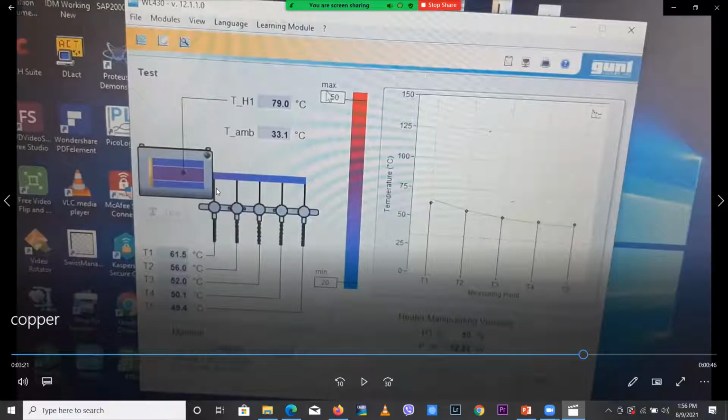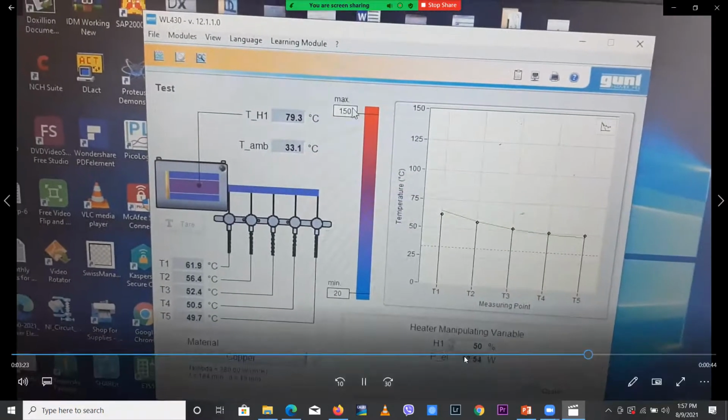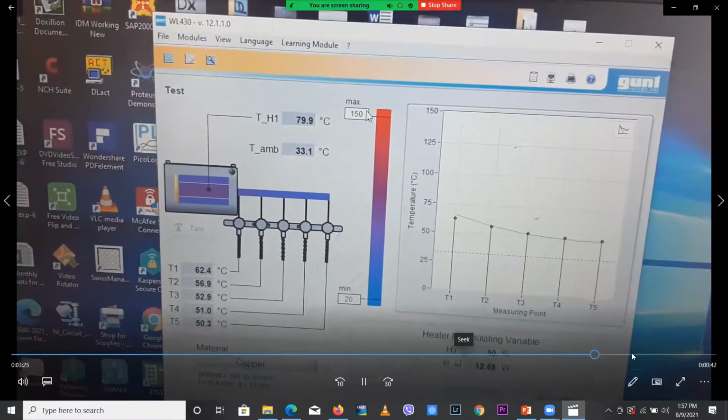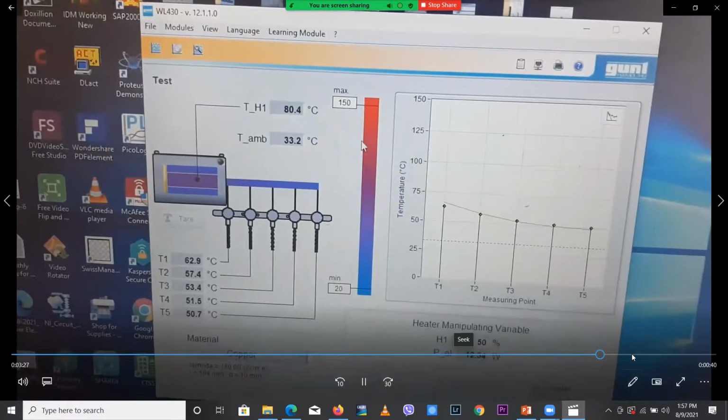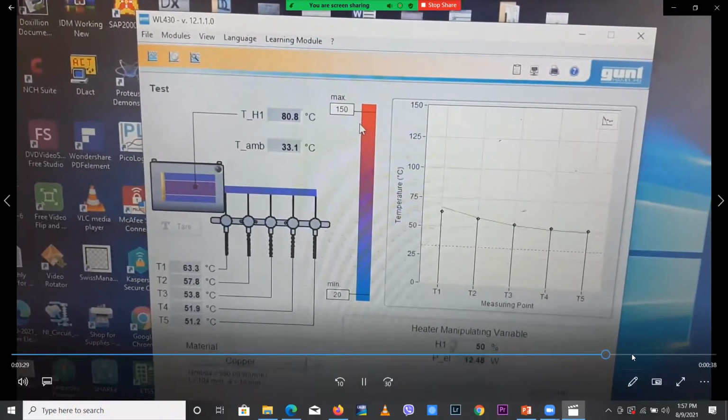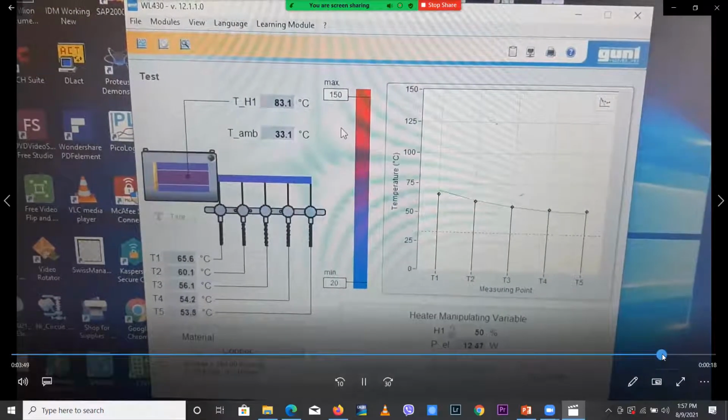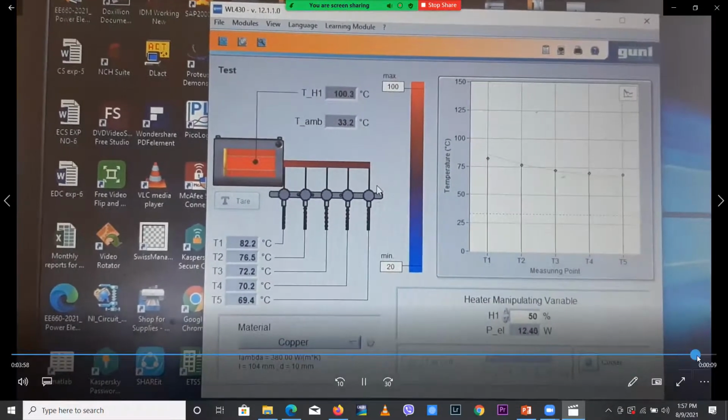If we give it a lot of time, there will be steady state, which means there will be no change in temperature. That will be the more accurate one. Our temperature is 150. We set it to 150.